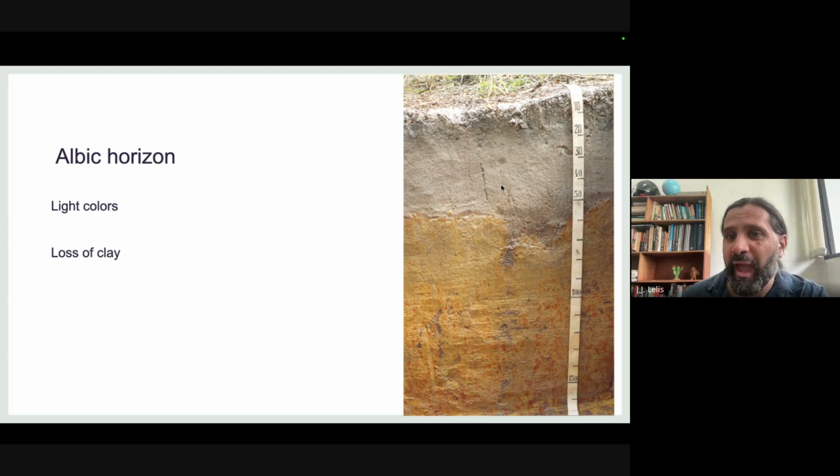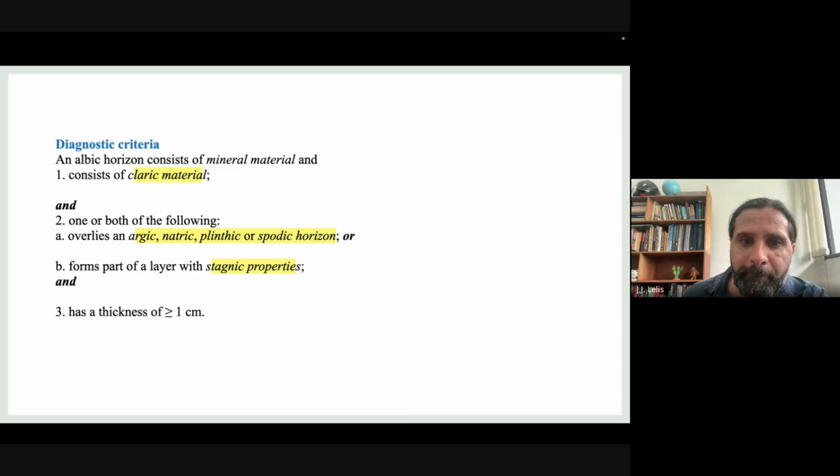So the absence or at least a very low content of clay usually expresses these whitish colors with high chroma and high value. Okay, so let's see the diagnostic criteria for the Albic horizon.